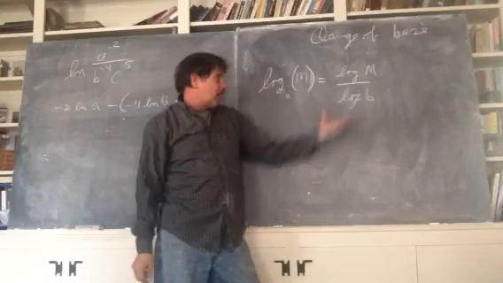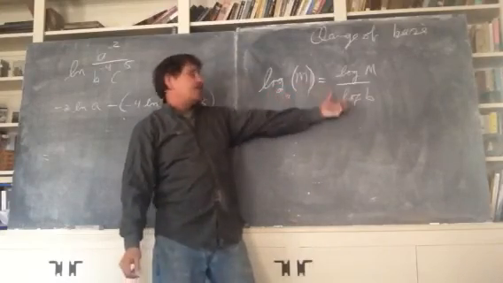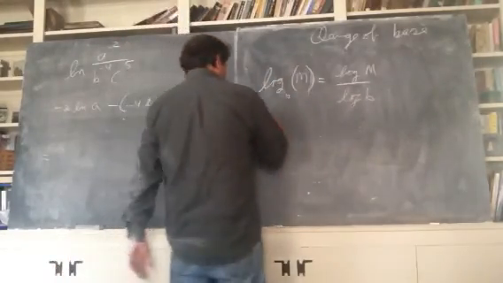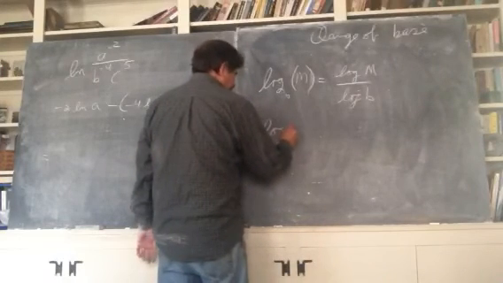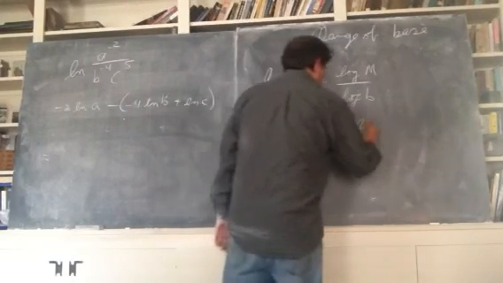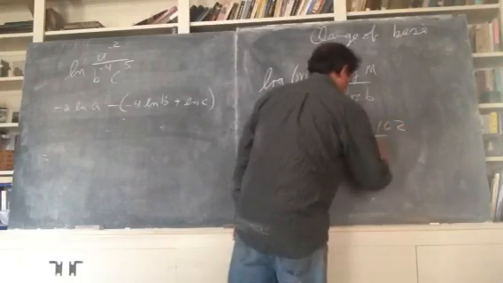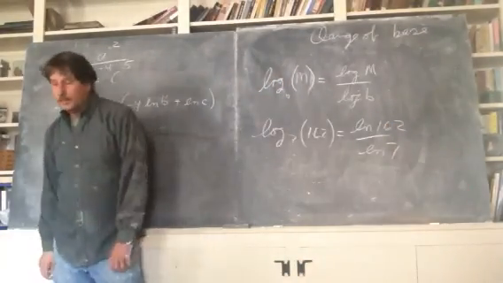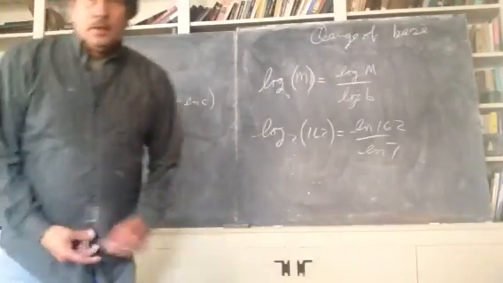Right now we have base 10; we changed base b to base 10. But you can change them all to natural logs. Log base 7 of 162 is ln 162 over ln 7. Use the change of base formula, and then you can do those in the calculator. And that's it. See you next time.